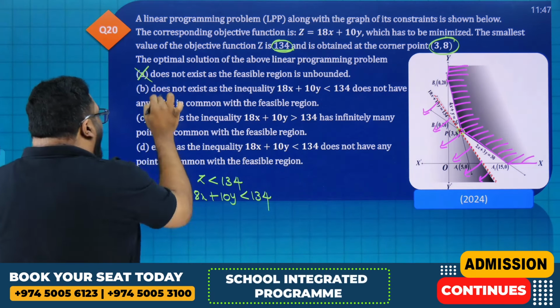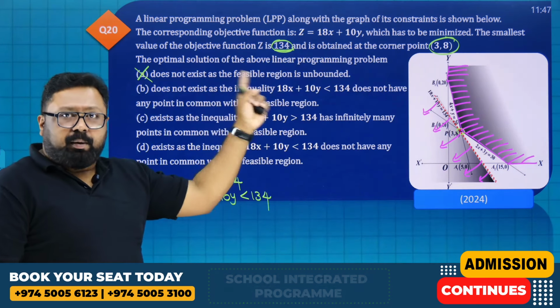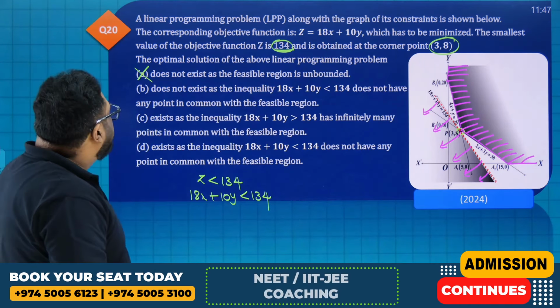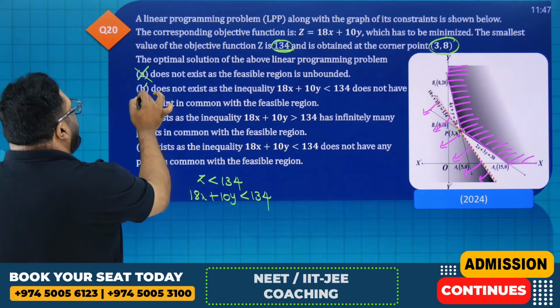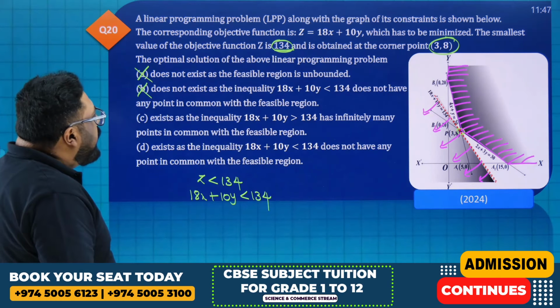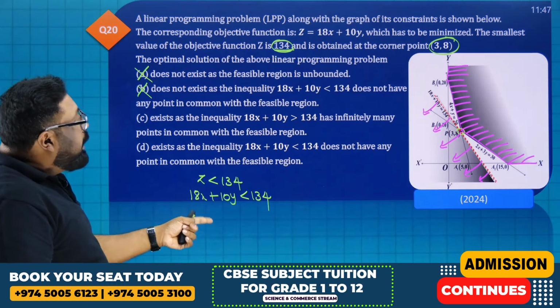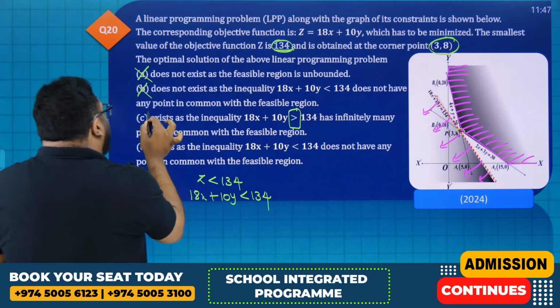So here option A is wrong because it says that the solution does not exist as the feasible region is unbounded. It does exist. B, does not exist, wrong answer. Exists as the inequality 18x plus 10y greater than 134. Wrong option. Greater than is the wrong option.